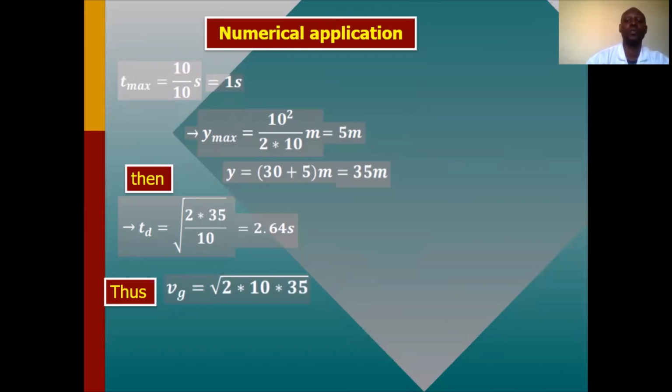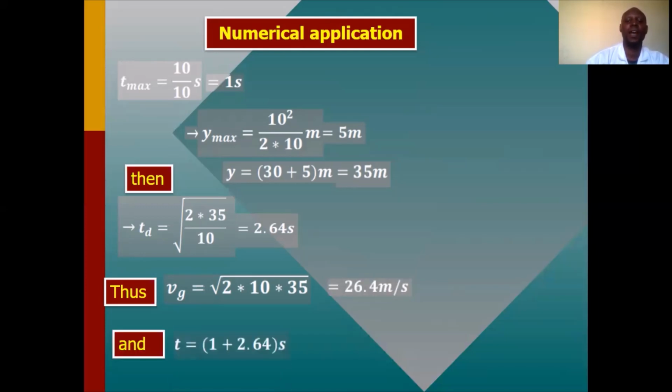Thus, the speed of the projectile when it reaches the ground is the square root of 2 times 10 times 35. Remember, it is 2gy. G is 10 and y is 35. That is 26.4 meters per second.